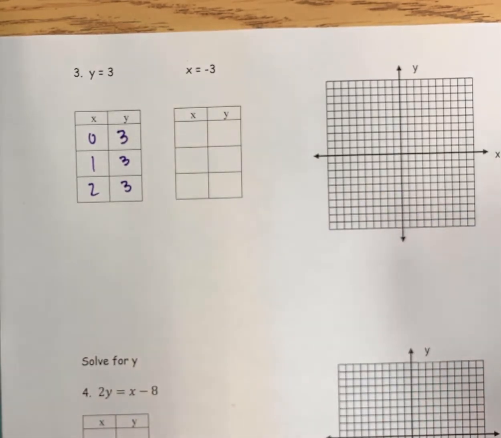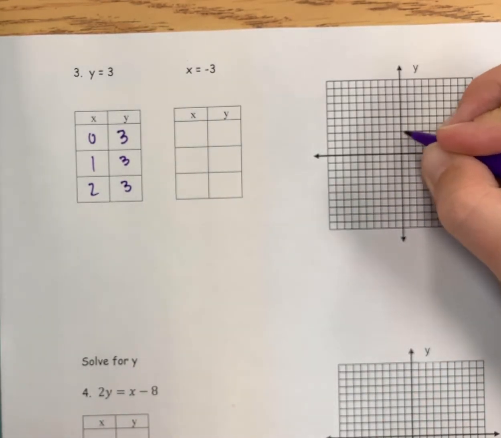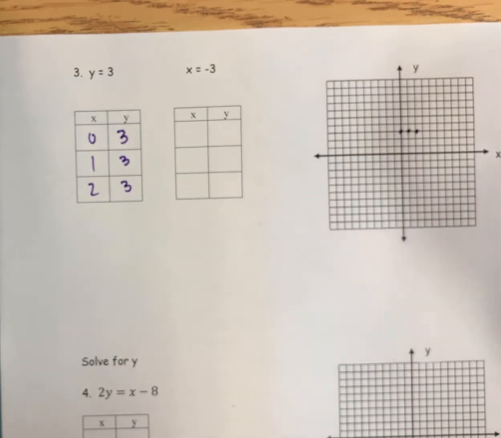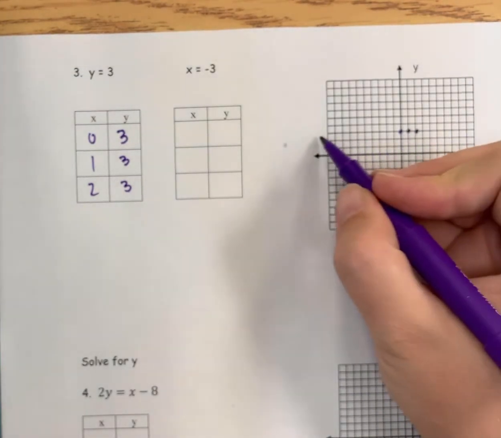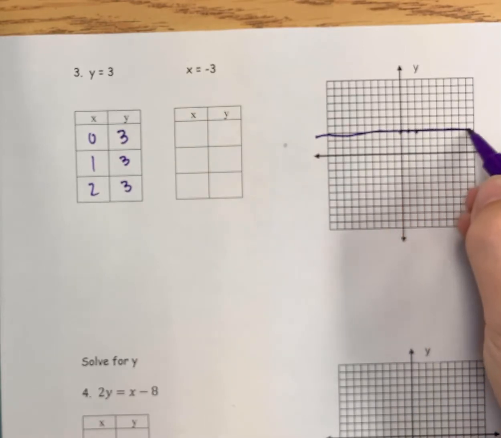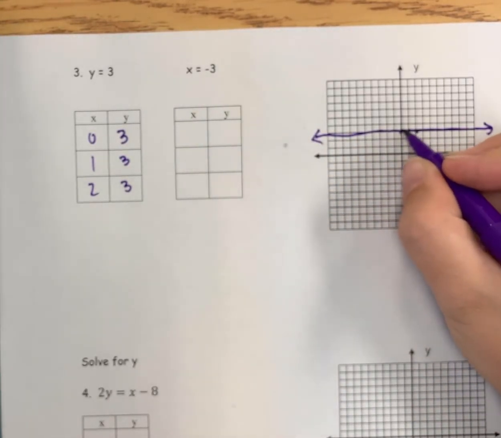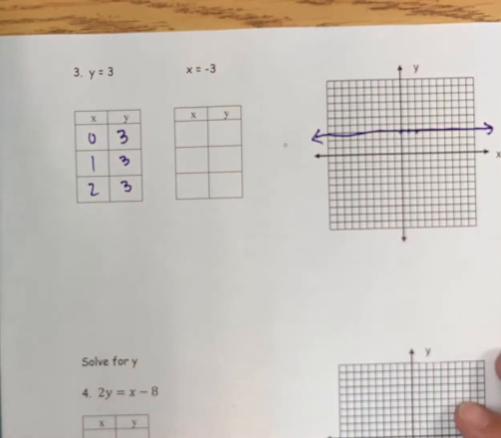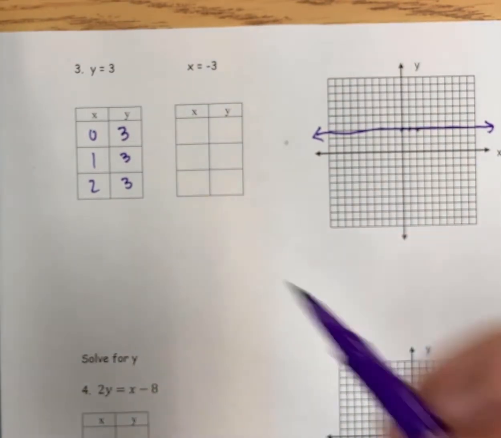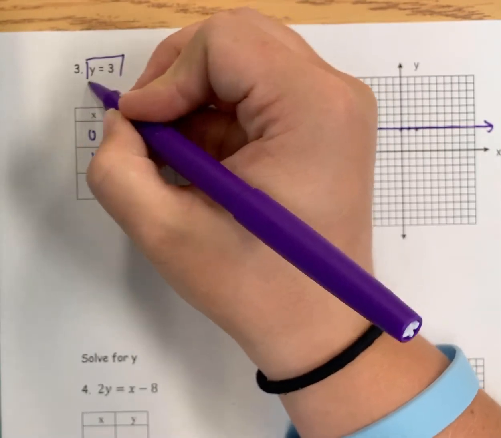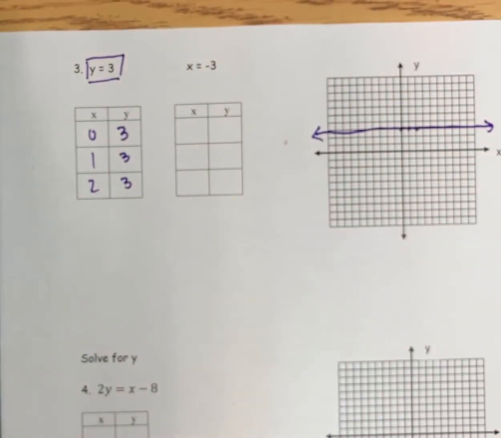So if we were to plot these points, 0, up 3, 1, up 3, 2, up 3, you are basically getting a horizontal line that goes through the point where y is 3. That is what that specific line would look like for y equals 3.